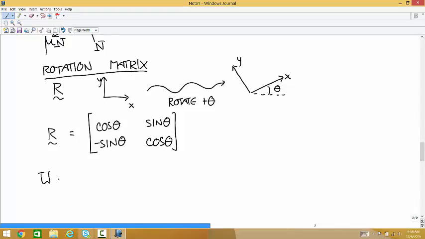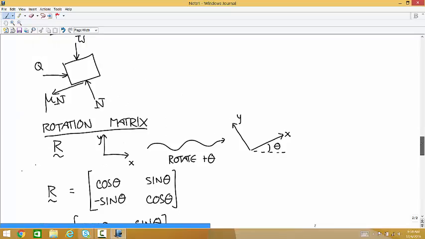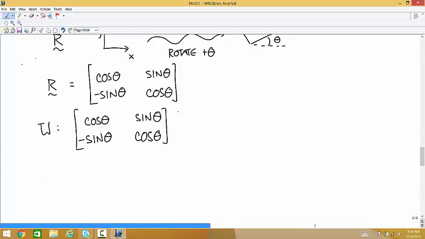And then that W force is cosine theta, sine theta, negative sine theta, cosine theta, times, in the standard coordinate system, 0, negative W. And so when you do this matrix multiplication, you get negative W times sine theta, negative W times cosine theta.